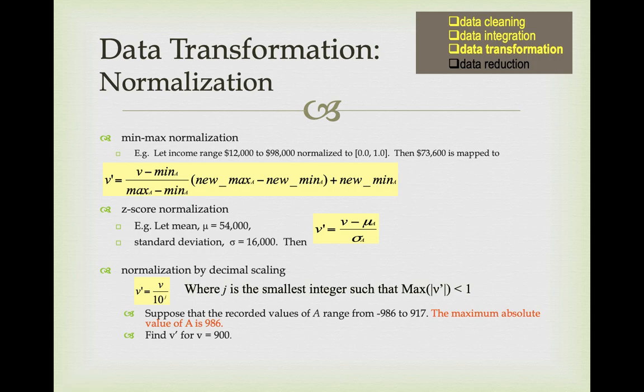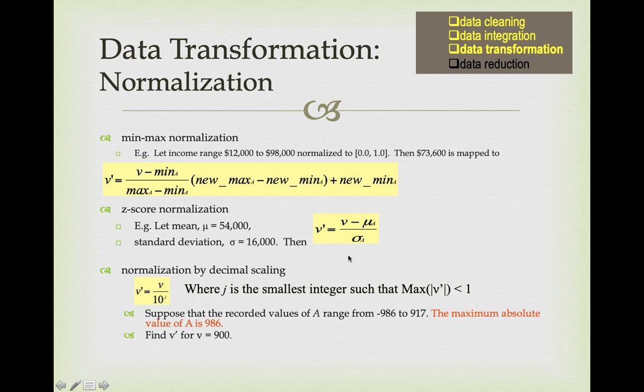If you use z-score normalization, the mean equals 54,000 and the standard deviation equals 16,000. Then we use this formula.